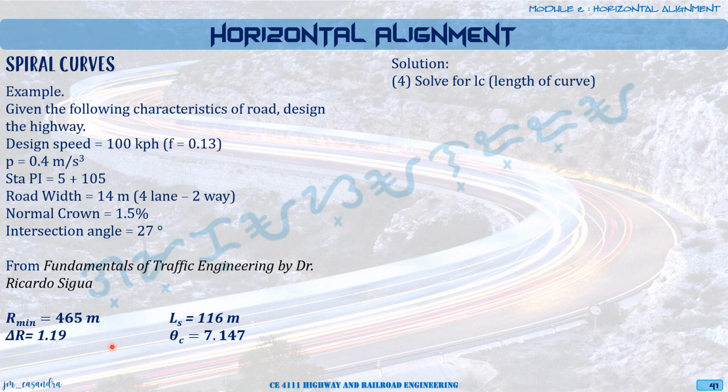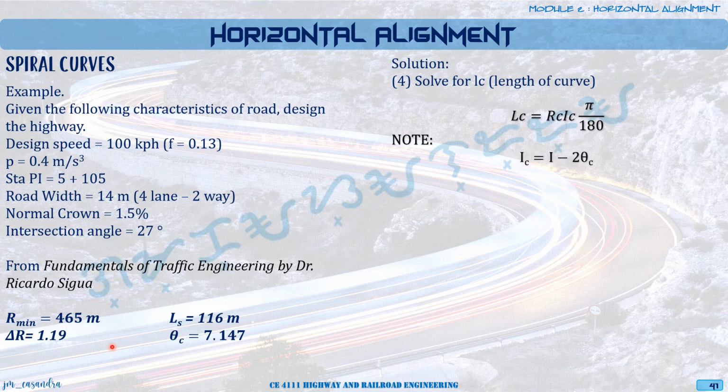The next step is to determine the length of the curve, so the new length of our circular curve. As we have said, LC should be almost equal to LS. And LC is computed as simply the product of the radius and the intersection angle of the new circular curve. And how do we compute for the new circular curve?